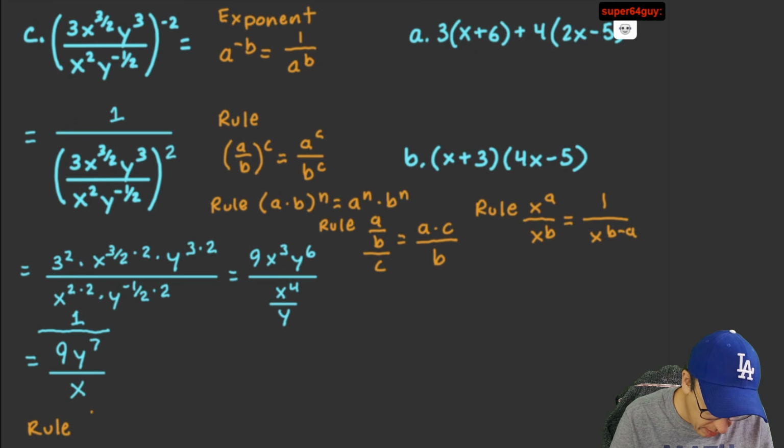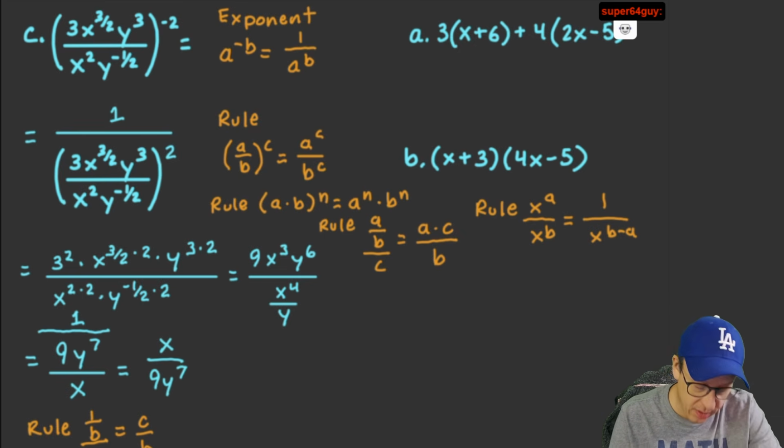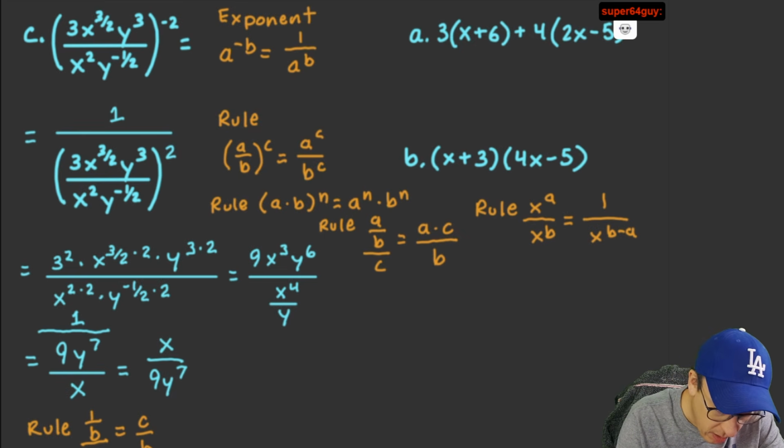So to be able to handle this, if you have 1 over b over c, you're going to be able to flip them and get this value right here. And this is just applied to the 1 and so forth. So that means we're going to end up getting a final result of 9y to the power of 7 over x. All right.